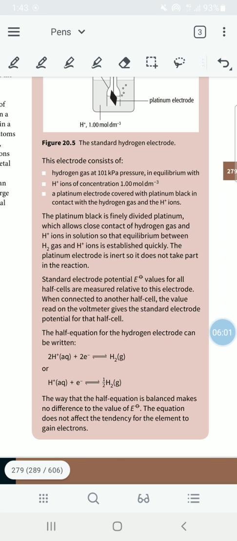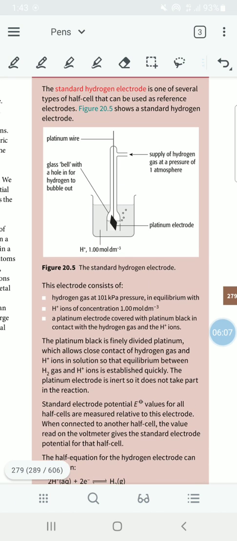Let's write a note on that. Standard hydrogen electrode. This is a reference electrode that is connected to other half cell electrodes to measure their E standard values.